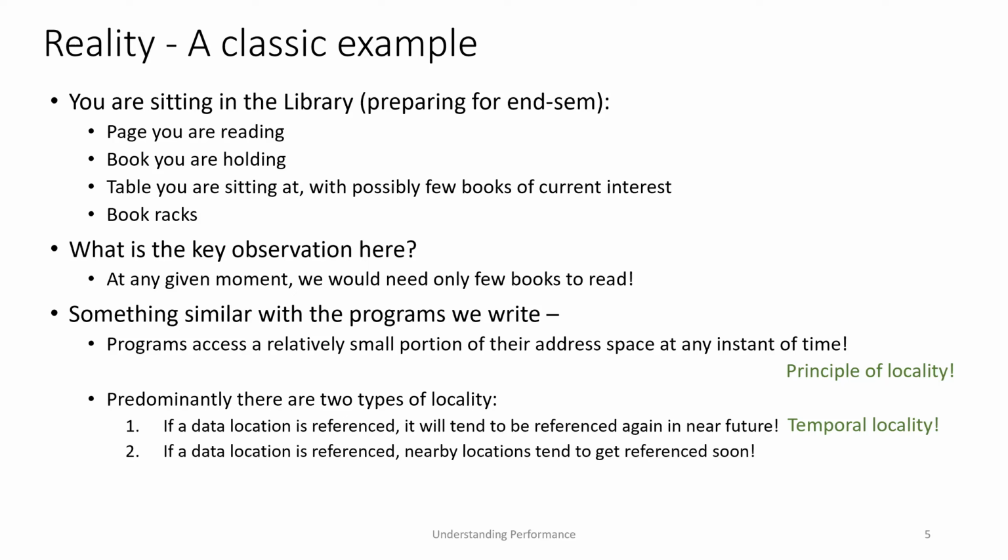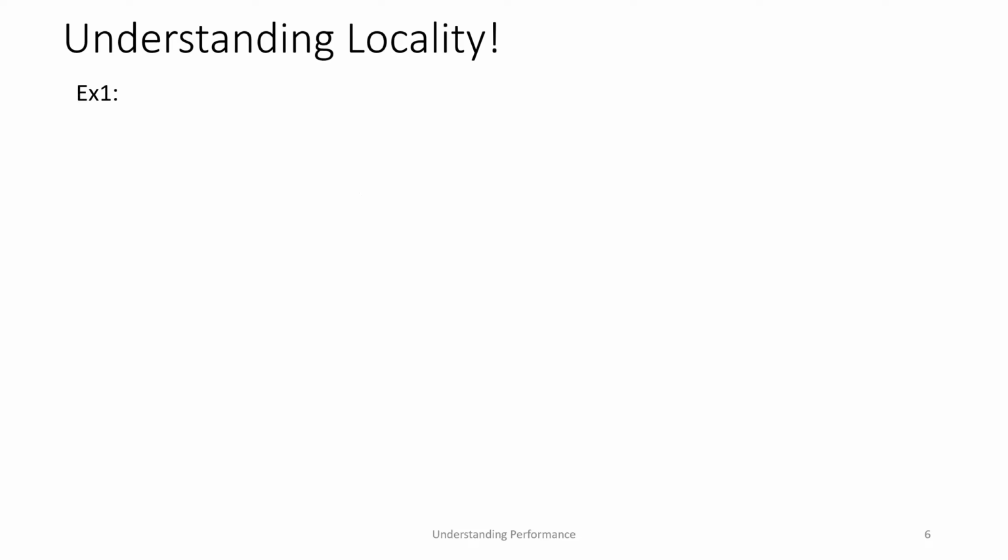Or if there is a stride where we are making jumps, from the first element to the second, or to the fourth, to the eighth elements, etc., we still know where we would likely be going next. So that is the spatial locality part. Based on this observation, the system architects have given us a very nice arrangement of memory. But before that, let's understand temporal and spatial locality a little more.